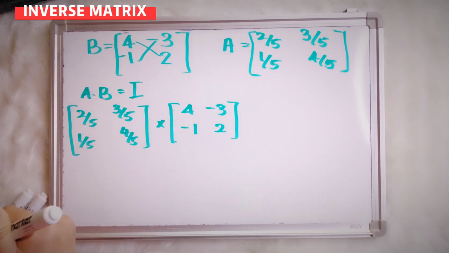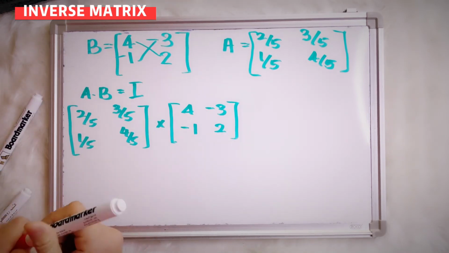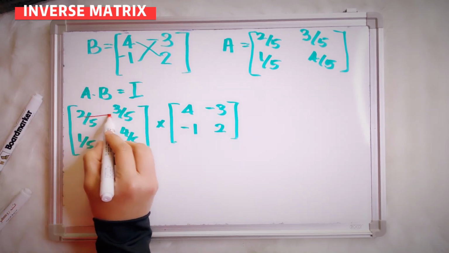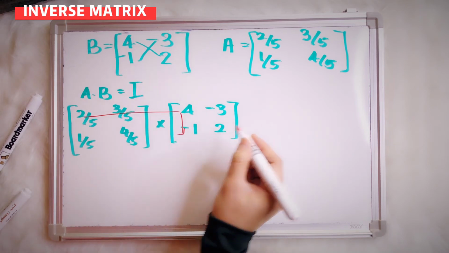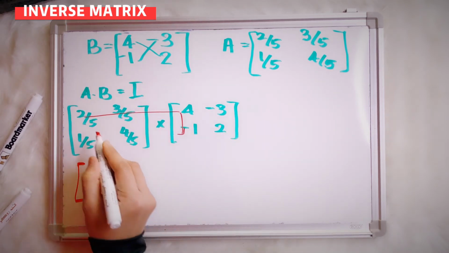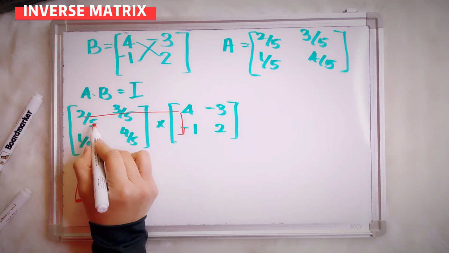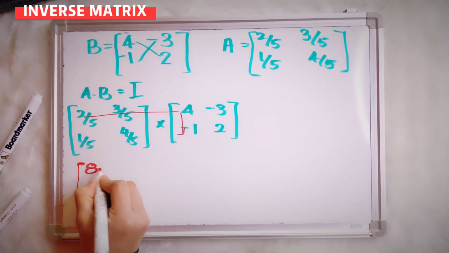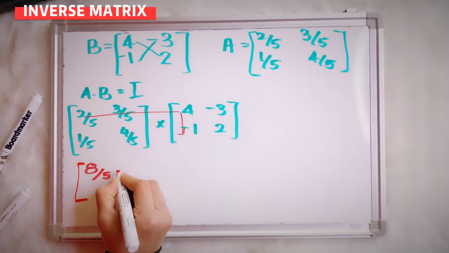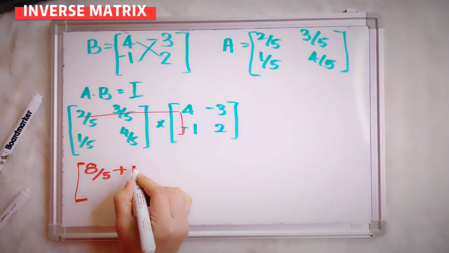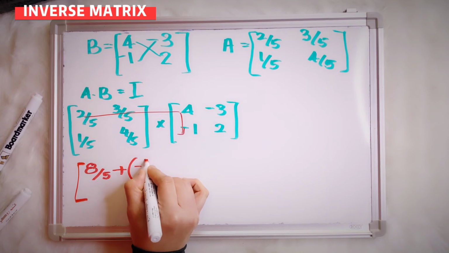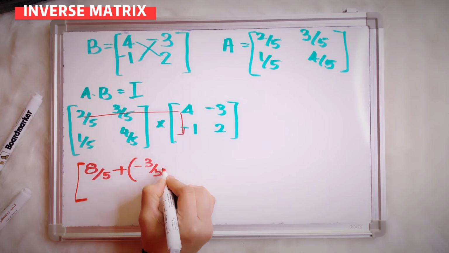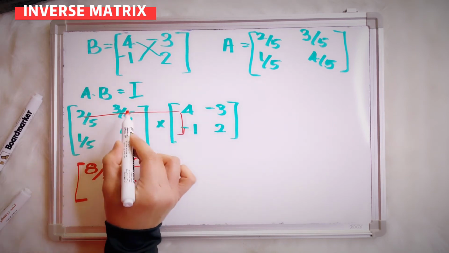Okay, now I want to use different color. Okay, so here, multiply. So you will have here 2 over 5 times 4. So that means you have 8 over 5, plus negative 3 over 5. Correct? Okay, settle this part.